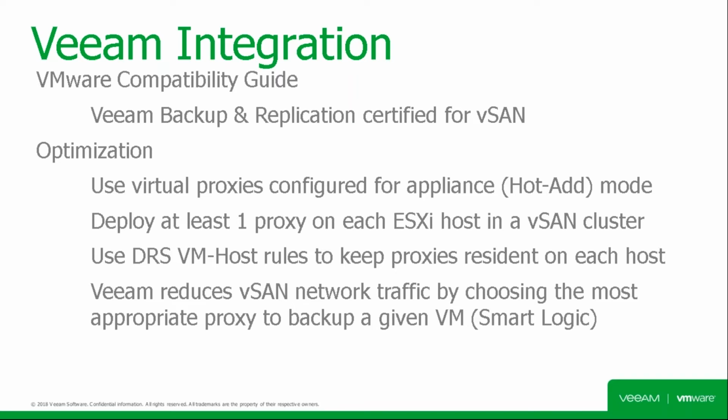Veeam reduces the network traffic by choosing the most appropriate proxy to back up a given VM. So we're not just picking, hey, use this proxy. We don't want to move data across ESXi hosts if we don't have to. Okay, so we implement what we call smart logic. So we enforce the backup of a given VM using a proxy that resides on the same host in the cluster. Okay. Let's go to the next slide.